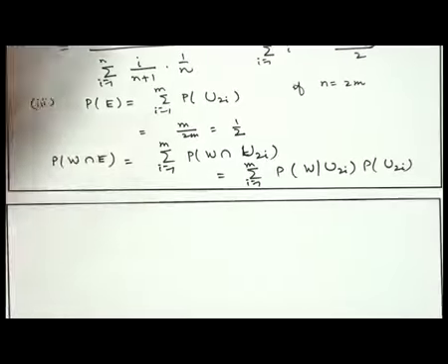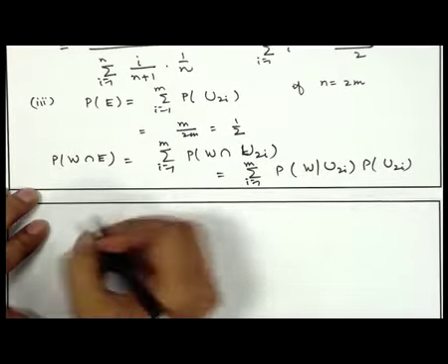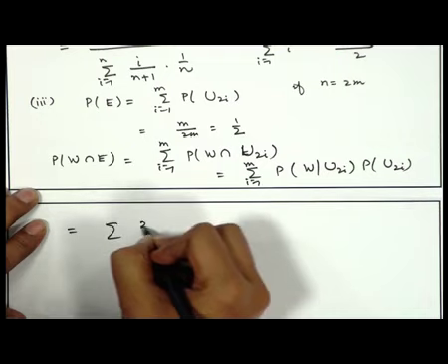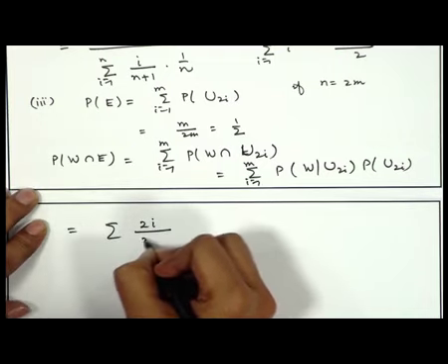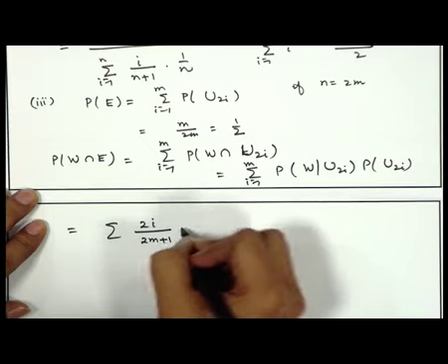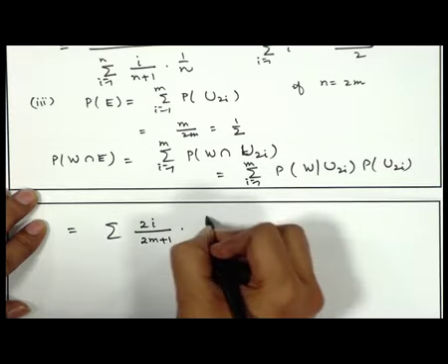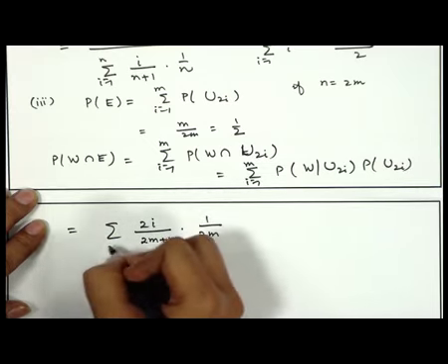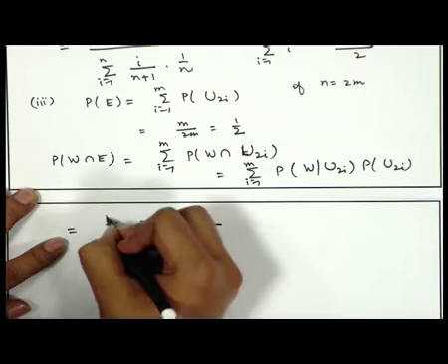In the 2ith urn there are 2i white balls, so that becomes 2i divided by 2m plus 1. The probability of U_2i is 1 by 2m, for i equal to 1 to m.